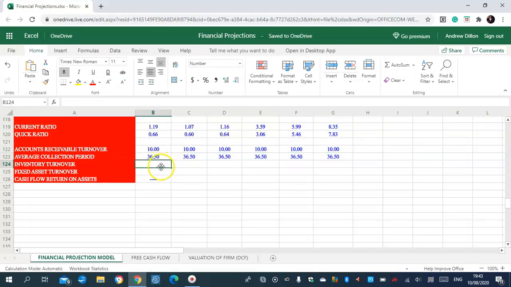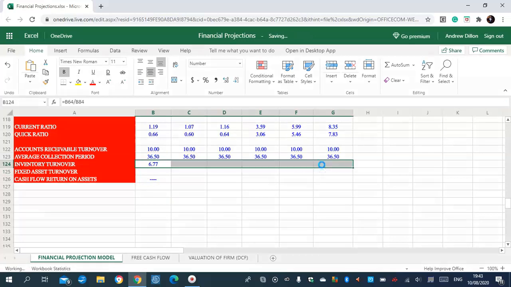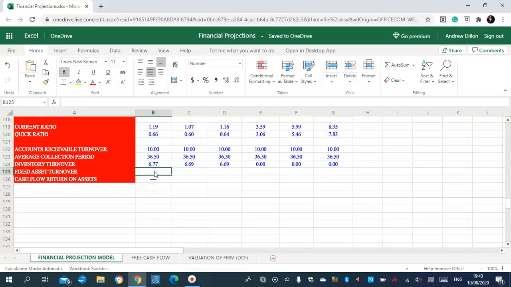Now, the next one is the inventory turnover. And then the last, well, second to last heading is the fixed asset turnover.